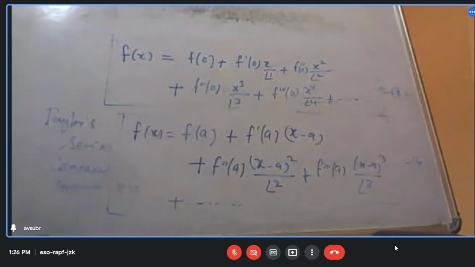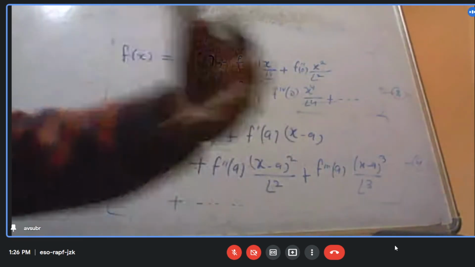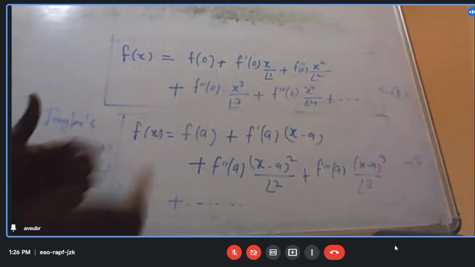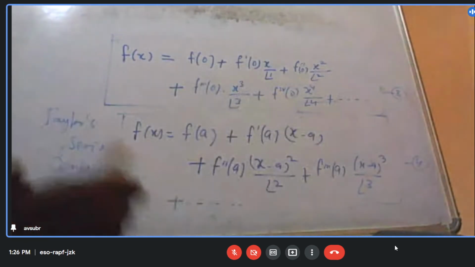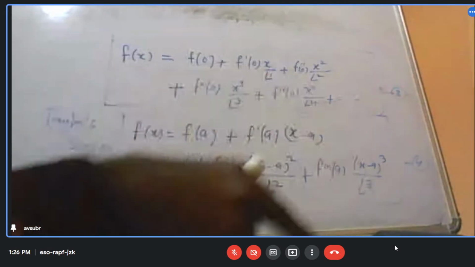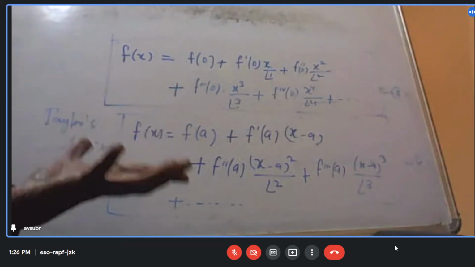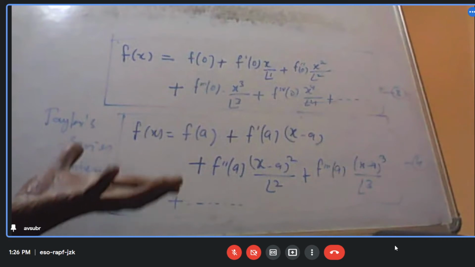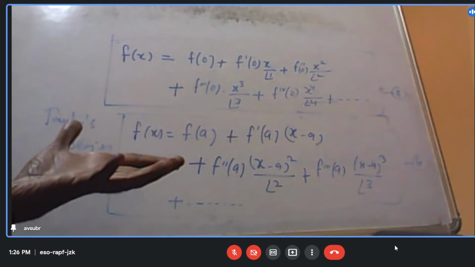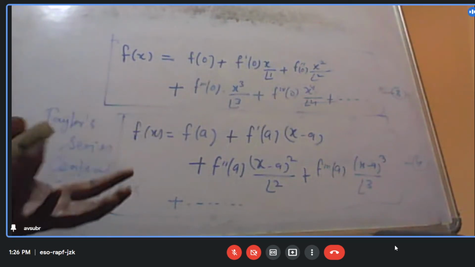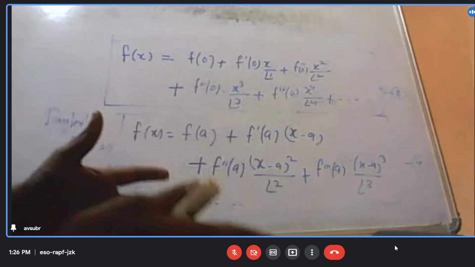It means that the series is converging. If I have a series and it has some finite value, I say that it is converging. So I have a series which converges in some interval.